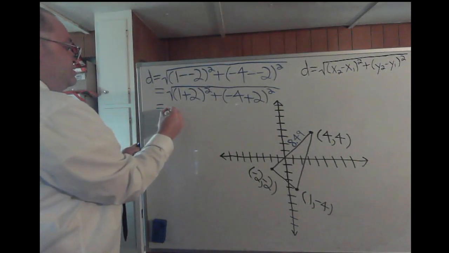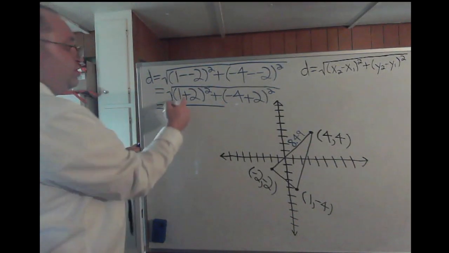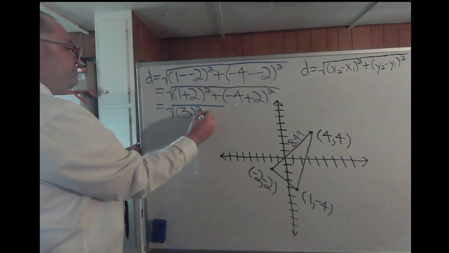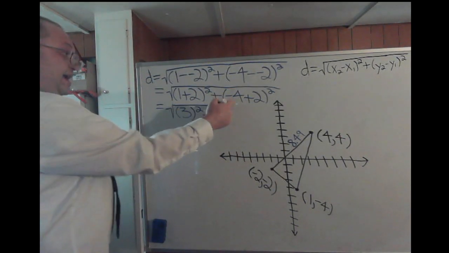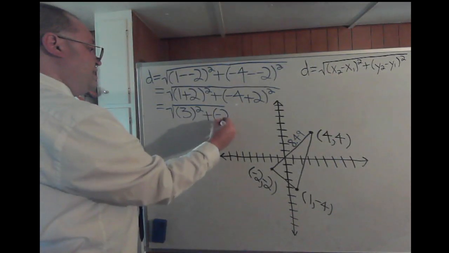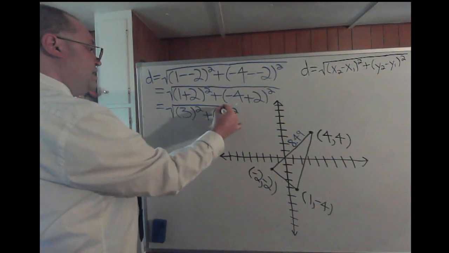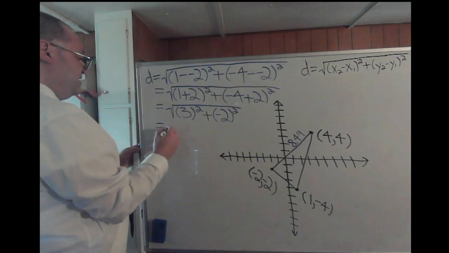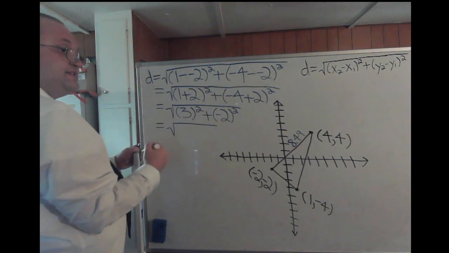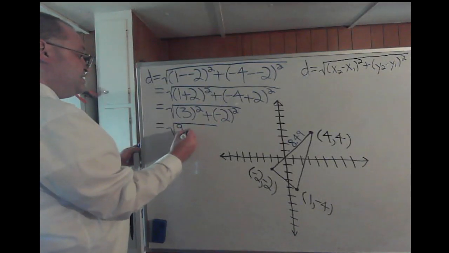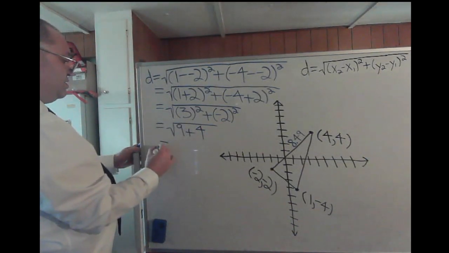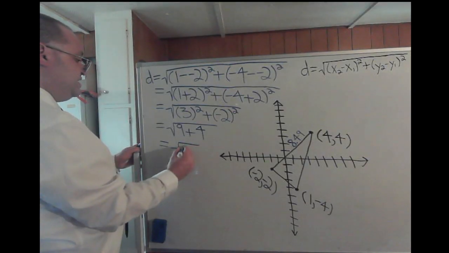So now let's deal with the parentheses underneath the square root. 1 plus 2, well, that'd be 3 squared. That'd be 3 to the second power, plus -4 plus 2, well, that's -2 to the second power. Alright, which would give us, if we do the exponents underneath the square root, 3 to the second power, that's 9, plus that -2 to the second power, that's 4, which would give us the square root of 13.